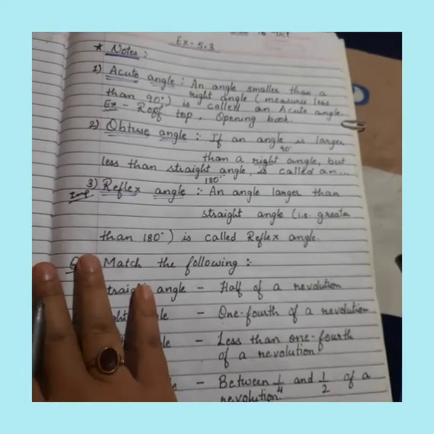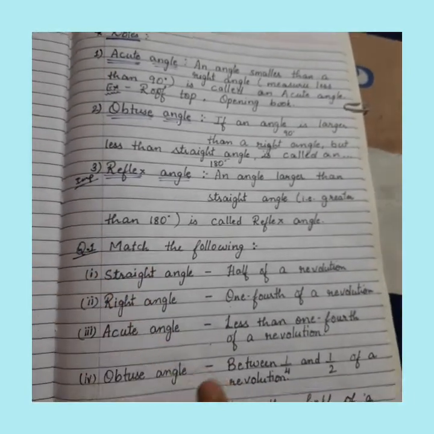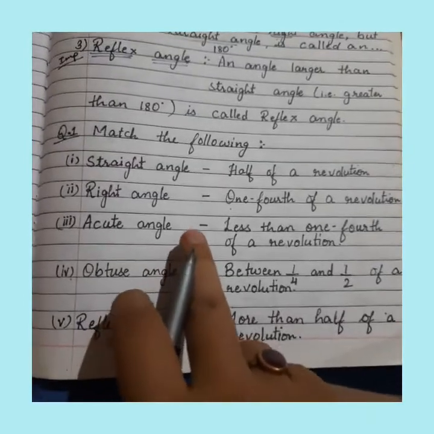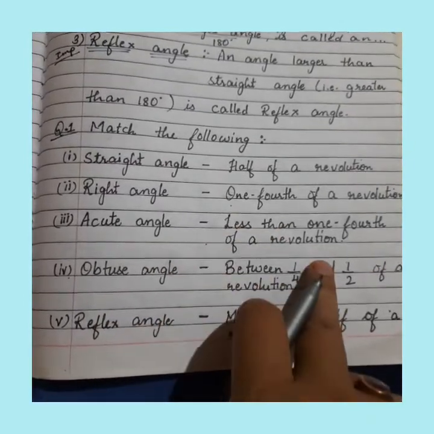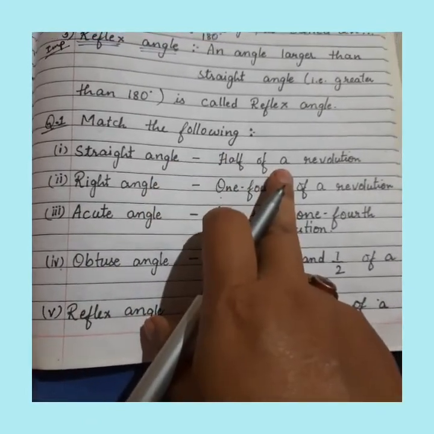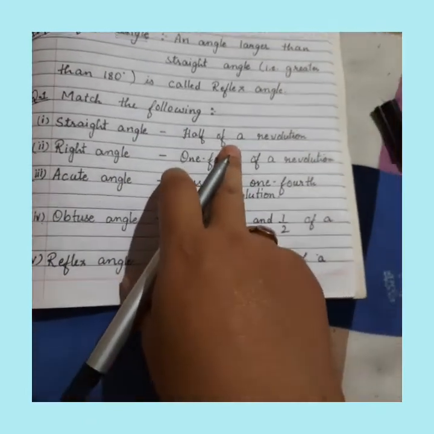Now starting with exercise 5.3, a match is given there. I have written the answers in front of the questions. A straight angle, we can say, is half of a revolution.